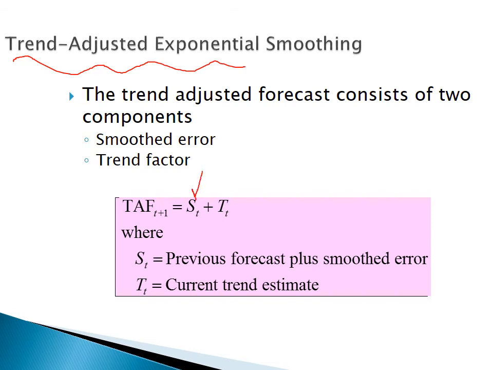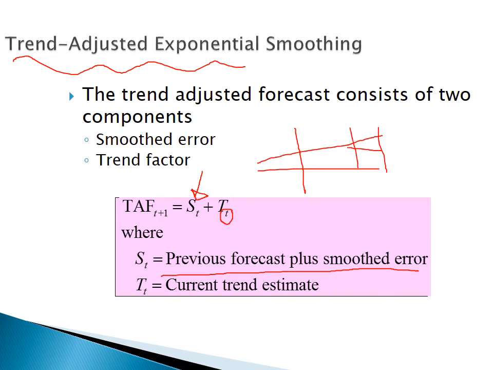So this is the previous forecast plus smoothed error, that S t, and with that you add this trend, capital T subscript small t. We have to add that because, as I said, if it's an increasing trend, between two time frames there is an increase in demand just because of the trend.